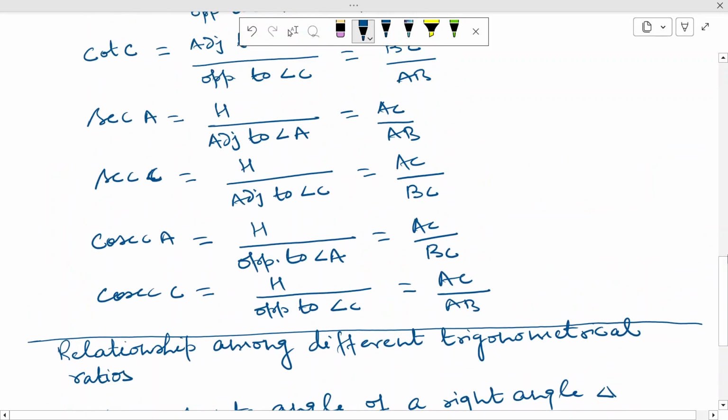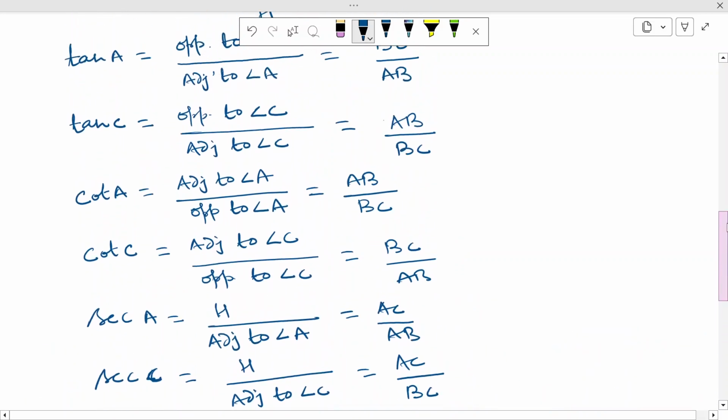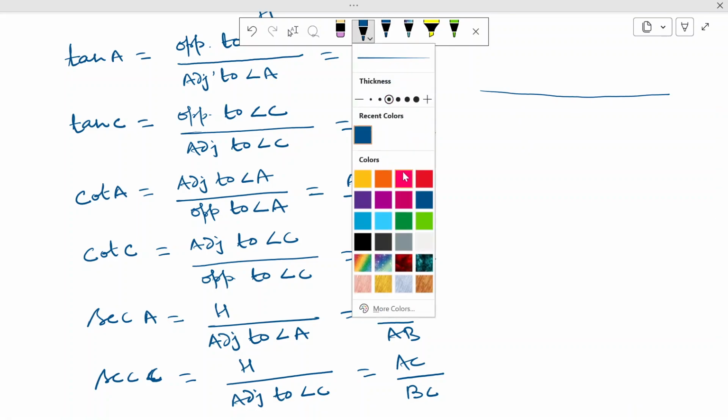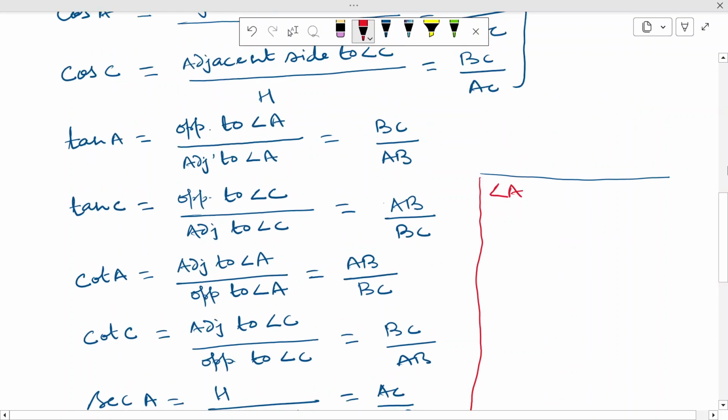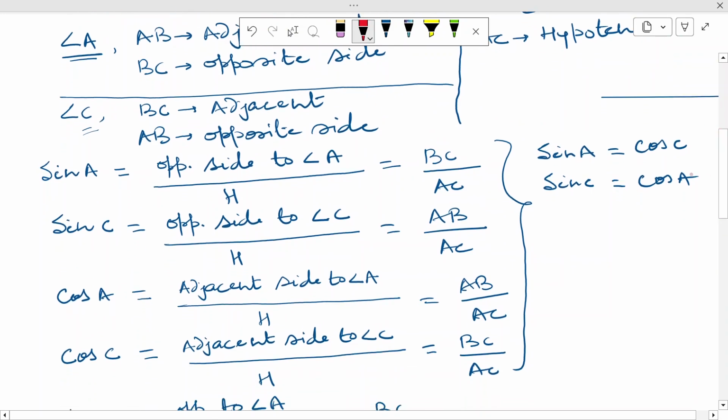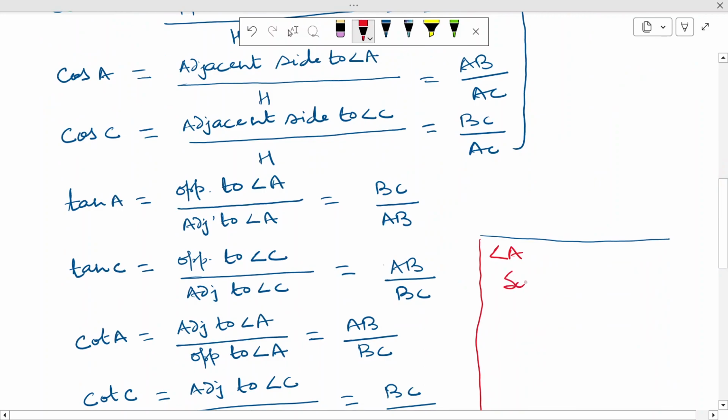from here. Suppose you are fixing a particular angle, let us say angle A. So, for angle A, sine of angle A is BC over AC.